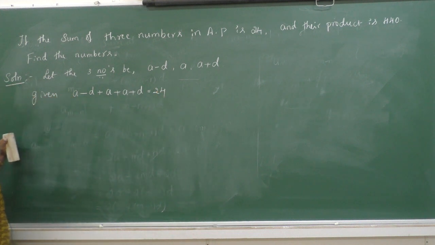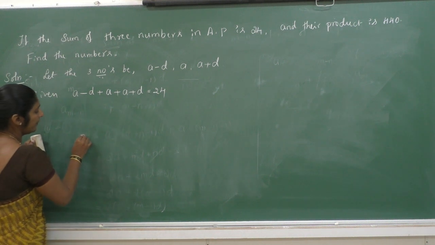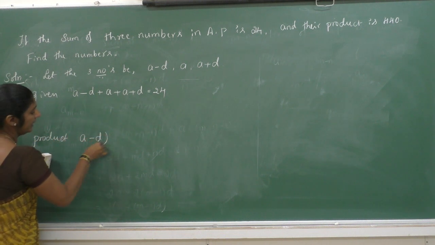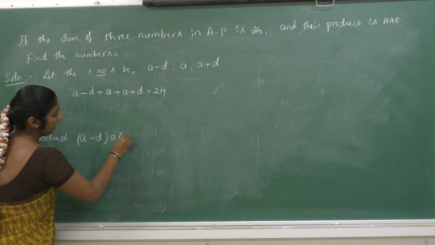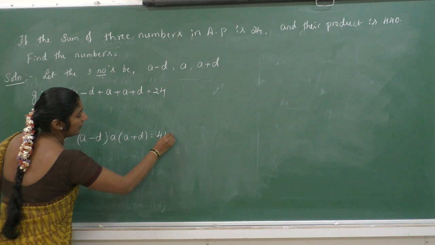They are given that. So sum of three numbers in AP is 24 and their product is 440. Their product a minus d into a into a plus d is equal to 440.